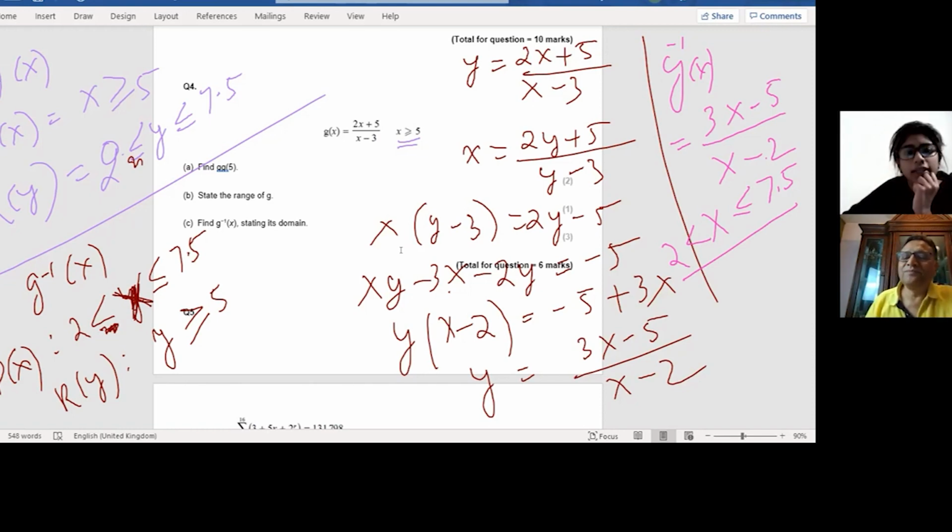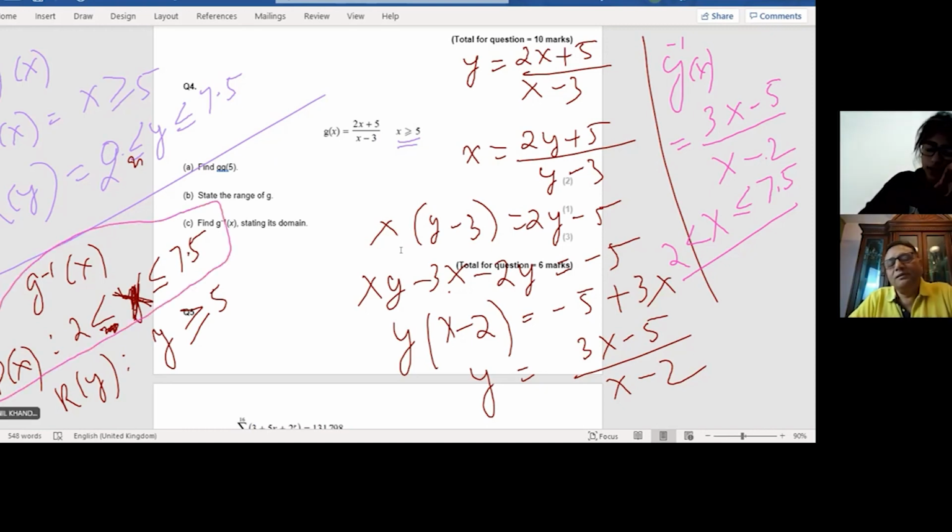Otherwise, you'll be so engrossed in finding the inverse that you'll forget to mention the domain, and you lose 0.5 marks for sure. I've seen questions where they ask for some values, and you end up putting everything to do with the inverse because you've calculated it, but then you forget that the domain and range was there. So mention this domain in your inverse function.